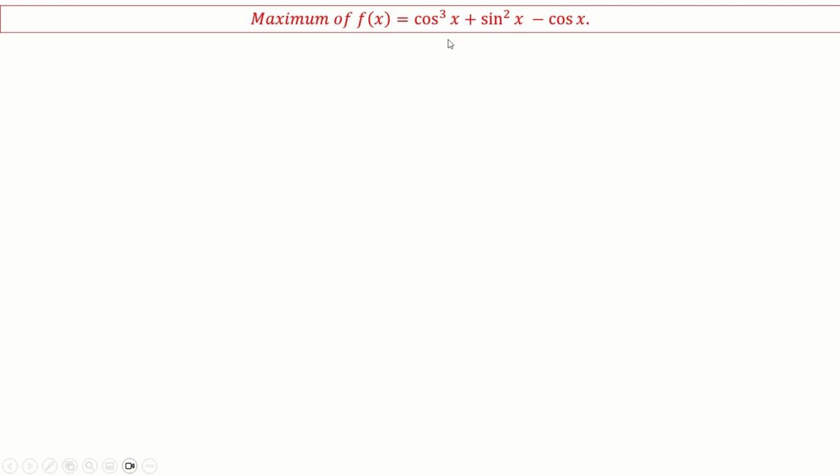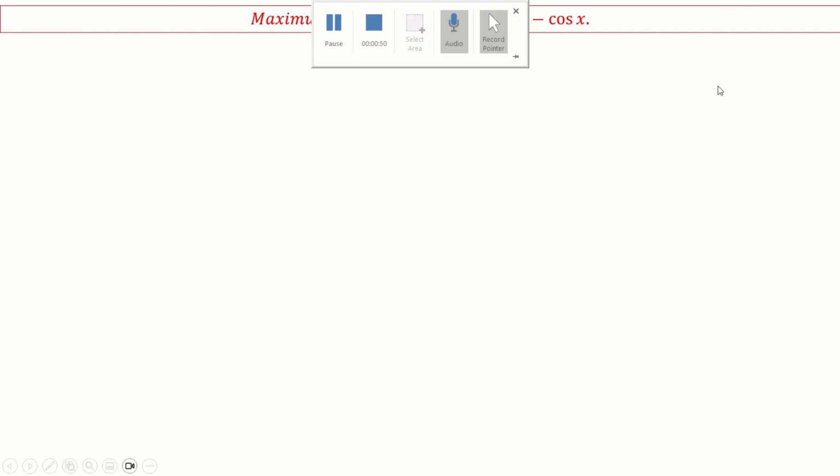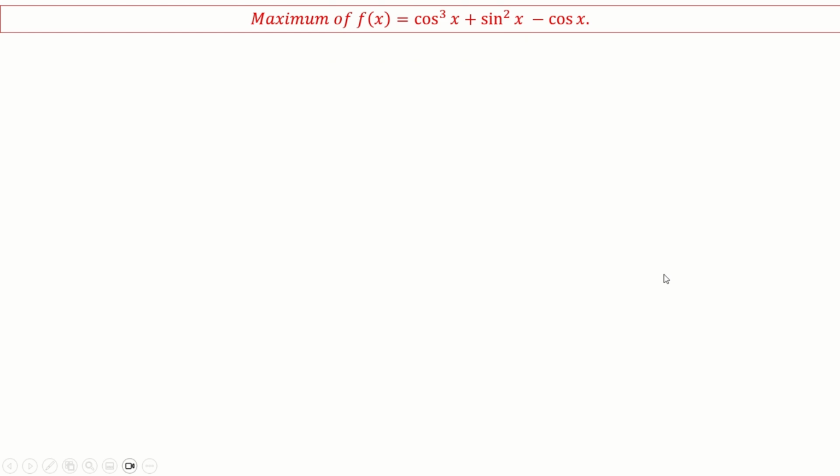If I consider cos cube x, sin square x, and minus cos x as three terms, the arithmetic mean is the sum by 3, and the geometric mean is the product of these three terms. But I don't get anything special from this product, right? It is not of much use for me.